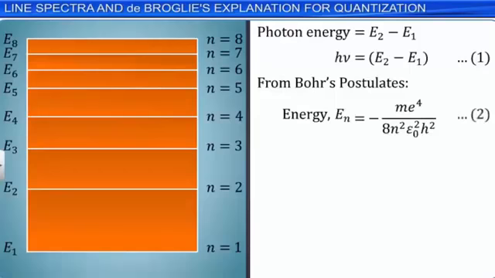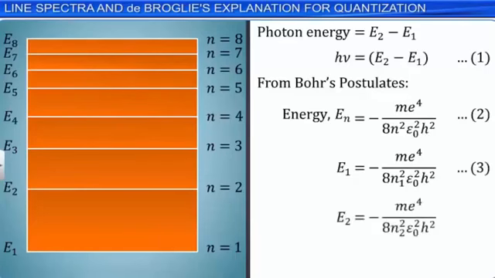Now using the result of equation 2 for n1, the energy E1 is equal to minus m e to the power 4 by 8 n1 square epsilon naught square h square. Let this be equation 3. Similarly, for n2, the energy E2 is equal to minus m e to the power 4 by 8 n2 square epsilon naught square h square. Let this be equation 4.